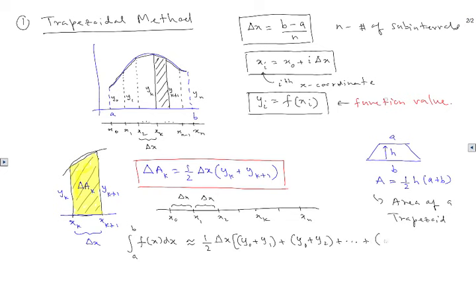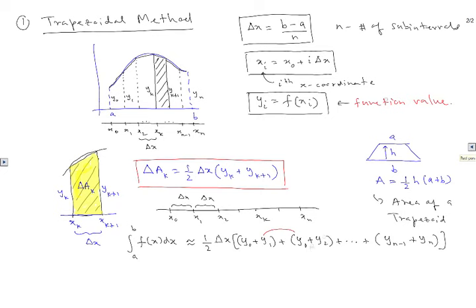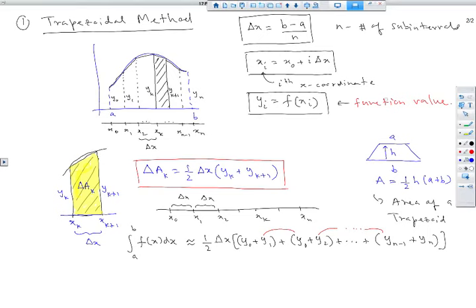In the last one you get yn minus 1 plus yn. Then you can see there's a nice simplification going on. You can add these terms together, y1 with the one in the next, and so on.